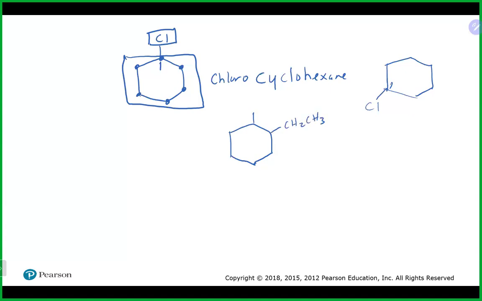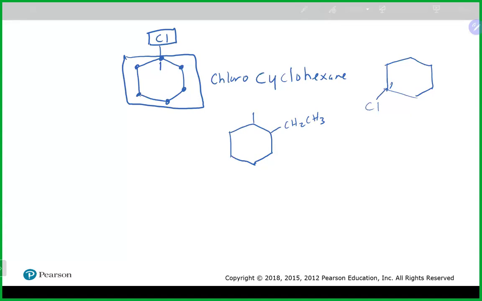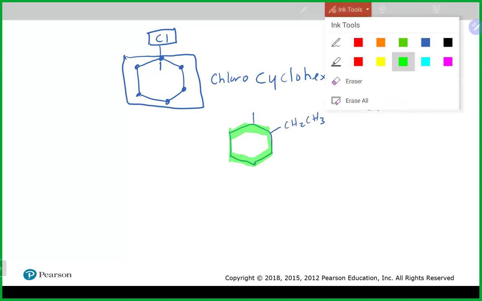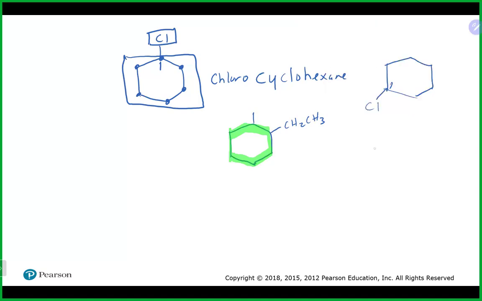Now when I look at this, I do have again my longest carbon chain, which once again is my cycloalkane. That is my longest chain, and that is still going to be cyclohexane, again because it has 6 carbons.